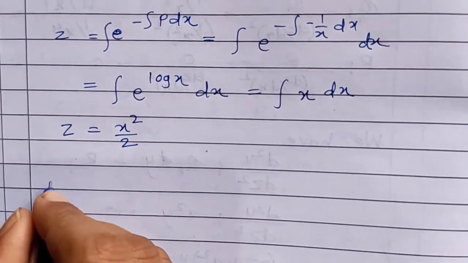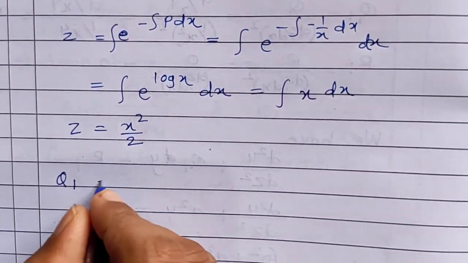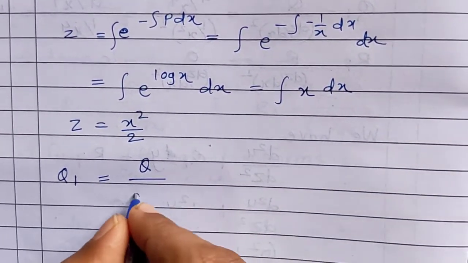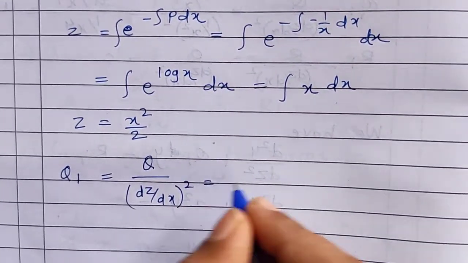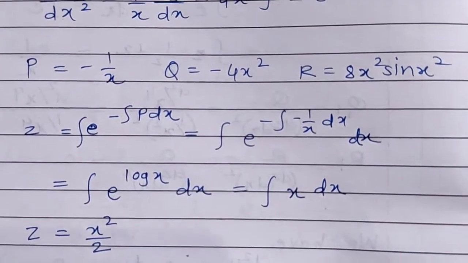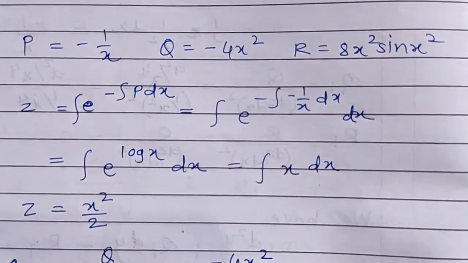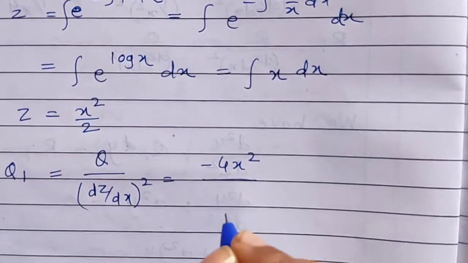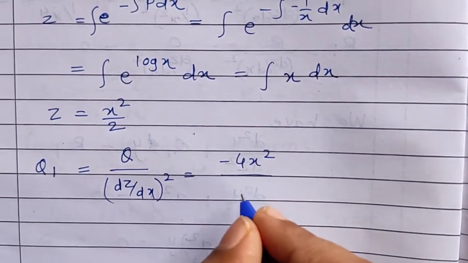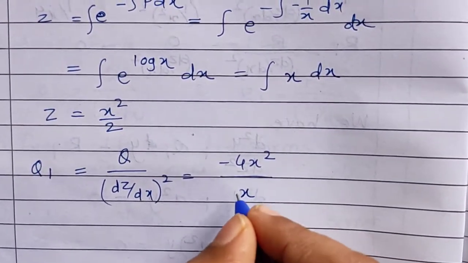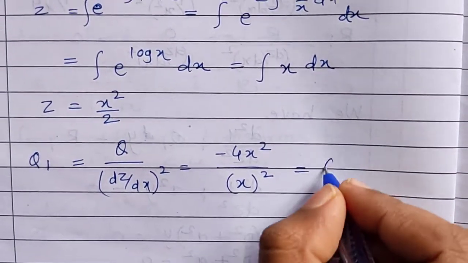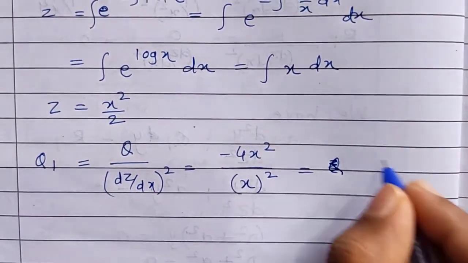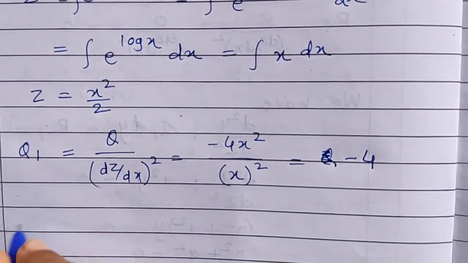Now we have to find q1 is equal to q upon dz by dx square. q is minus 4x square and dz by dx is x, so x square cancels. We get q1 is equal to minus 4.